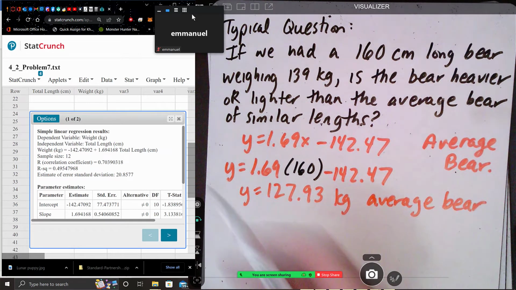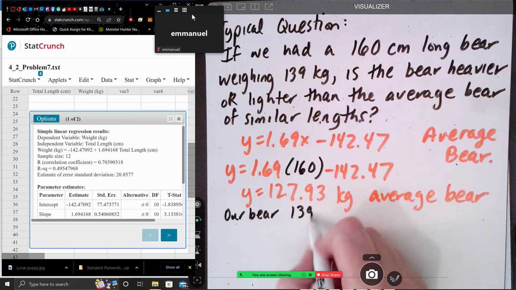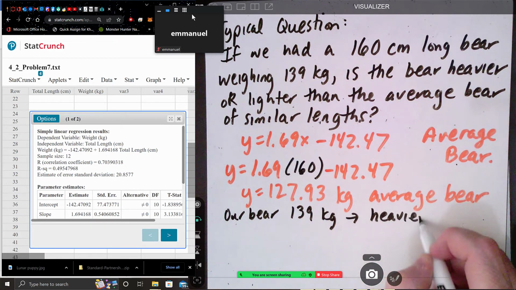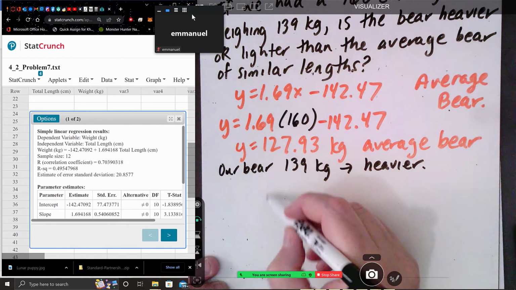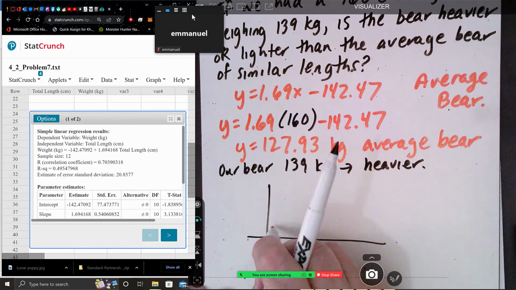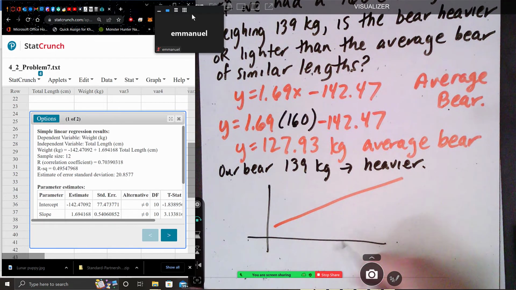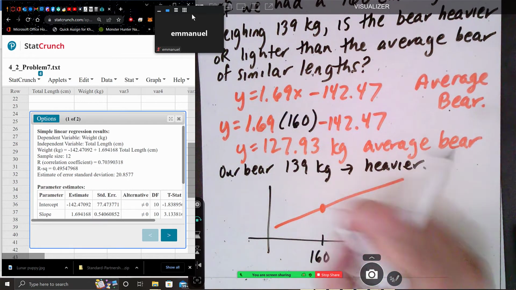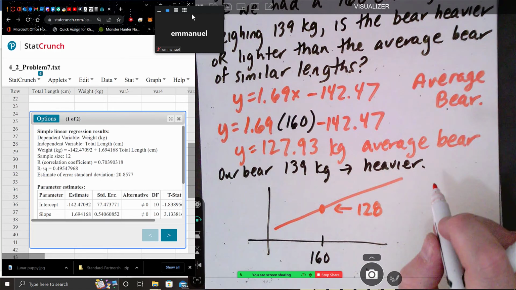Our bear was 139, so he's heavier. Pictorially on the graph, what that means is the average bear is along this line, and we had 160 right here. The average bear is right here at 128, using whole numbers.